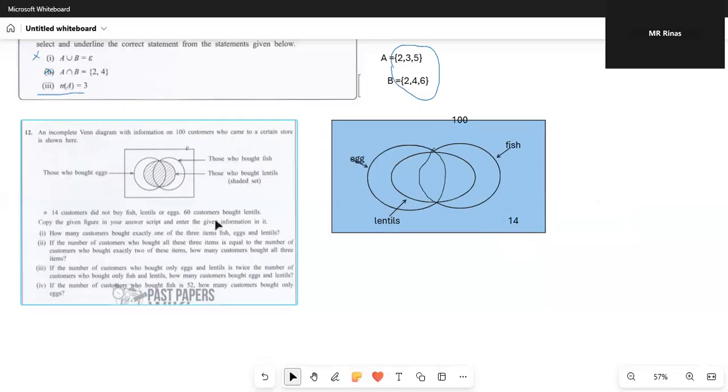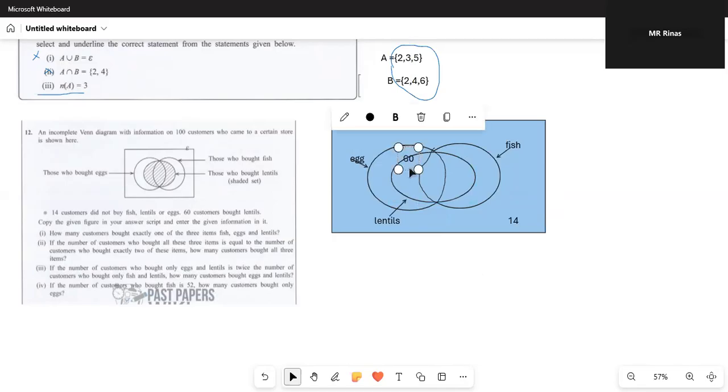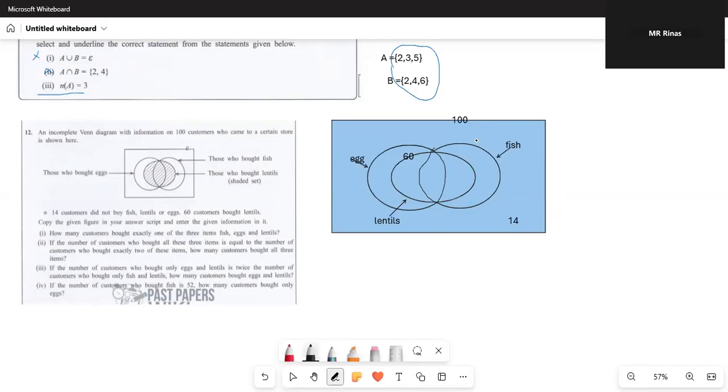And there are 60 customers who bought lentils. So 60 customers, they bought. So in this place, we have to show the lentils. Likewise, we have to enter all the information. They ask you to copy the diagram and we have to copy all the given information.